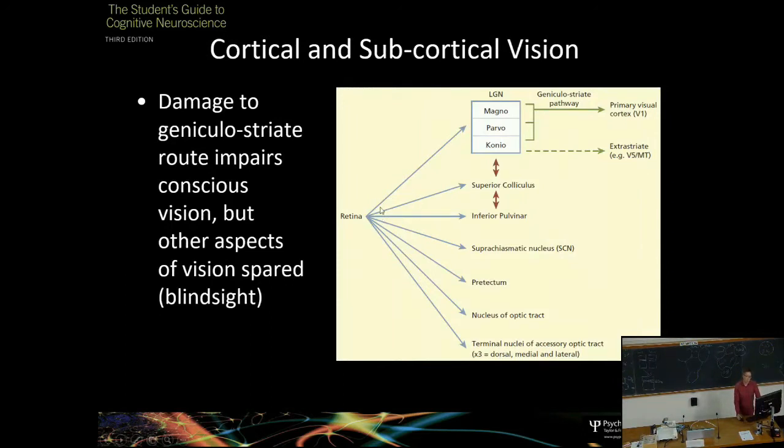The other thing that's also puzzling about this is that this is the route I talked about from the retina to the lateral geniculate nucleus, the primary visual cortex. I won't go through all these little minor divisions here. Basically there are multiple other routes to seeing that go from the retina. The reason this exists is partly to do with evolution.